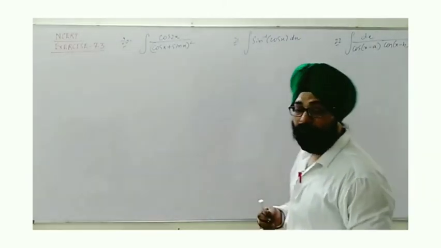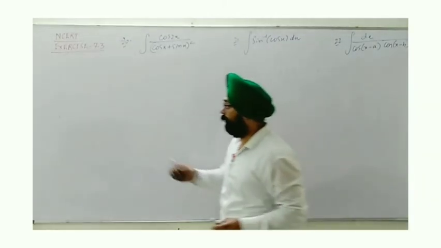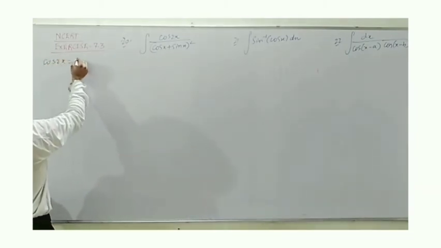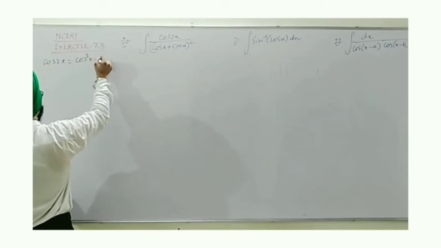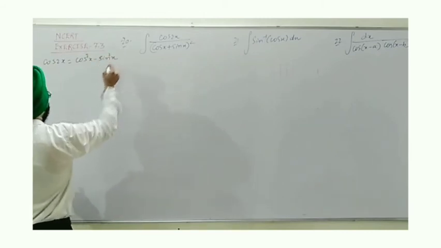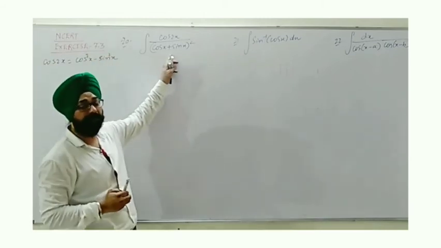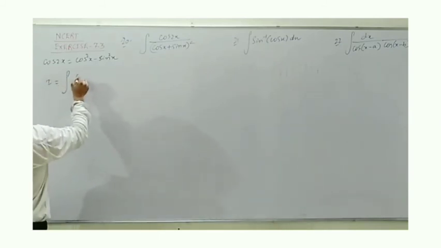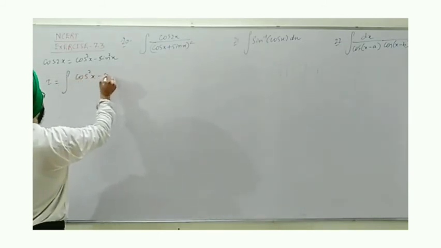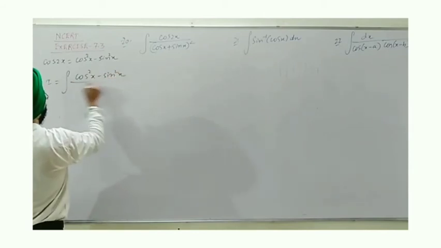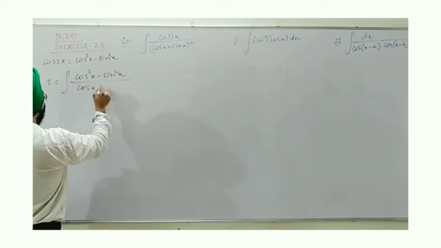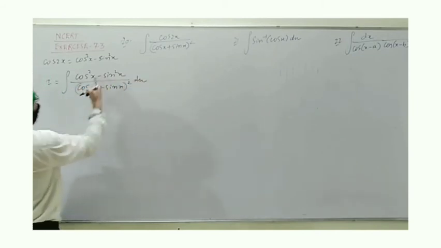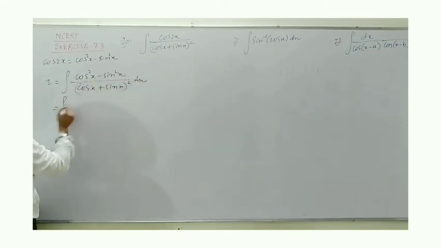Twentieth question, we will use here the identity of cos 2x, which is cos square x minus sin square x. Why am I using it? Because I see the denominator is also given in terms of cos and sin. So if I use this identity, the numerator becomes cos square x minus sin square x, and cos x plus sin x whole square is the denominator. Above we can apply a square minus b square.